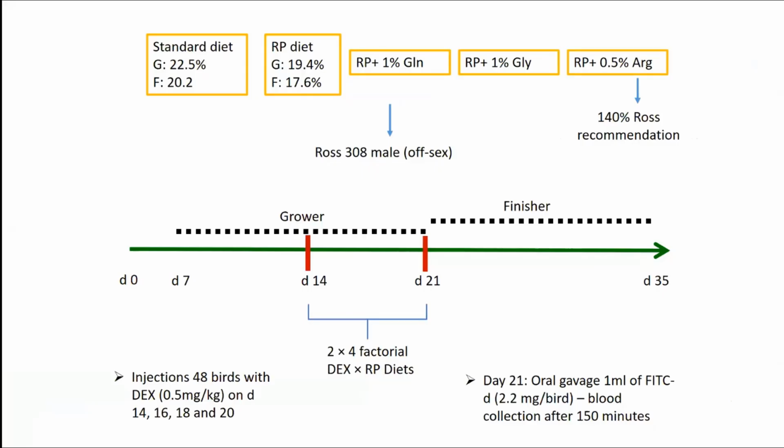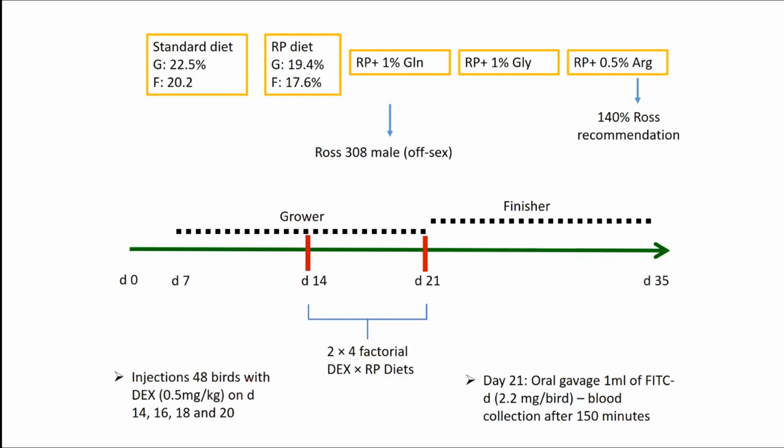So we followed the same design as the previous experiment, but we had a fairly moderate reduction in protein of the diet, only to 19.2% in grower, and we looked at the grower diets when we wanted to see the permeability and other parameters.